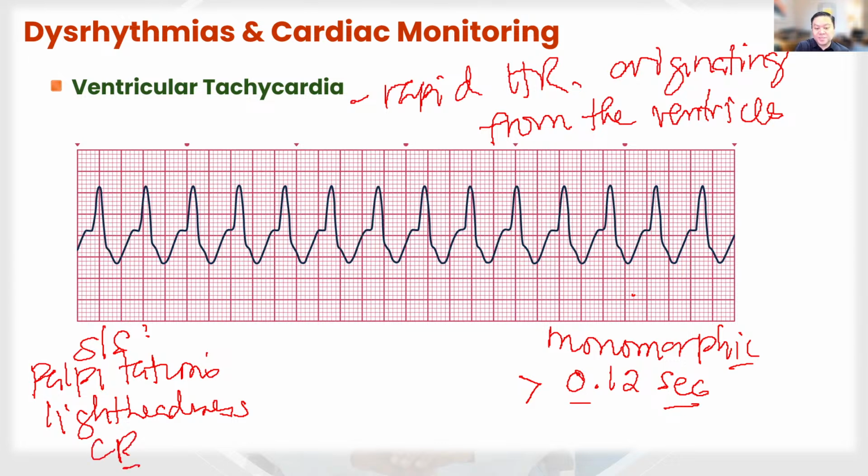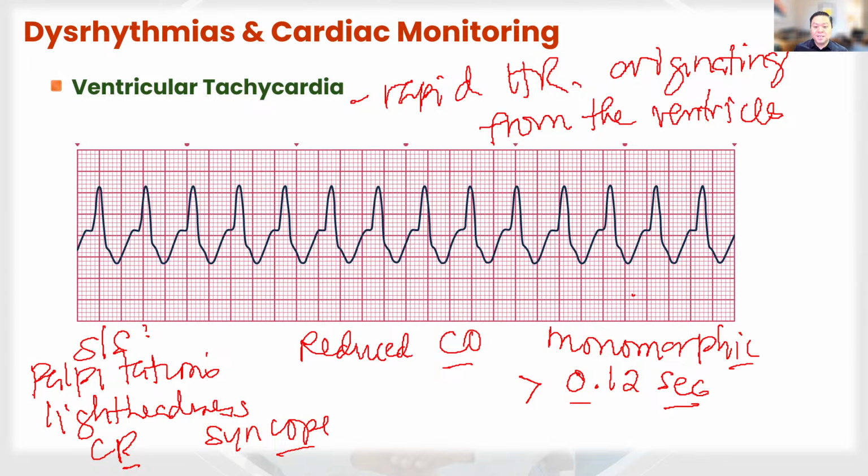Let me just put there as CP or syncopal episode, or syncope. Near fainting. So this is really signifying that the patient now has a reduced cardiac output. So the body is no longer able to receive that adequate amount of blood coming from the heart because of that rapid heart rate.